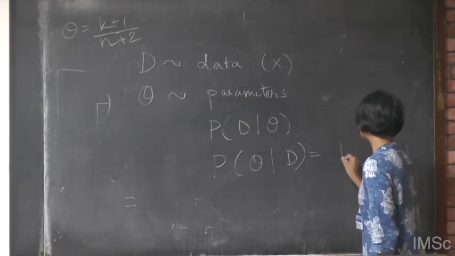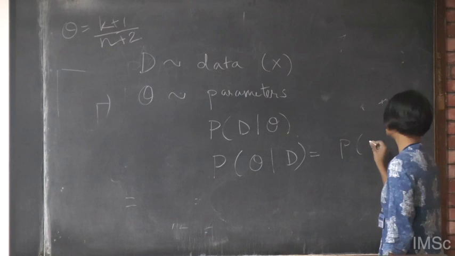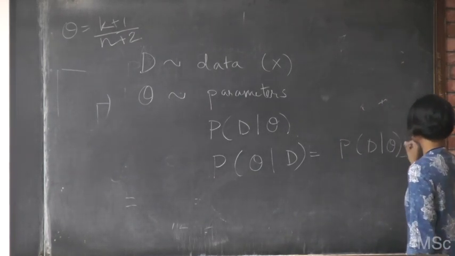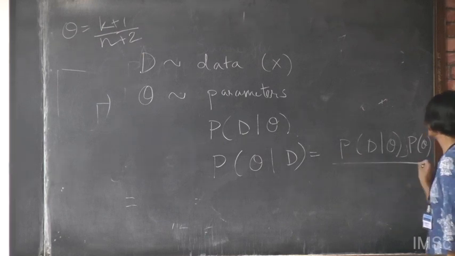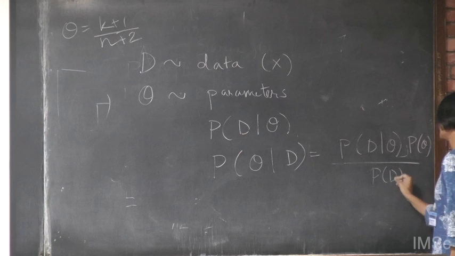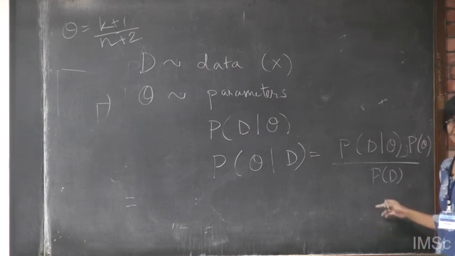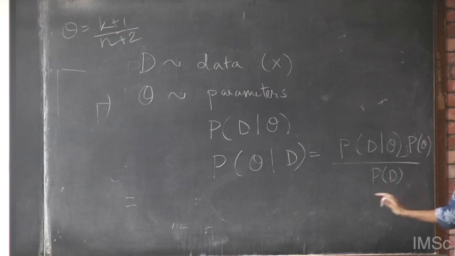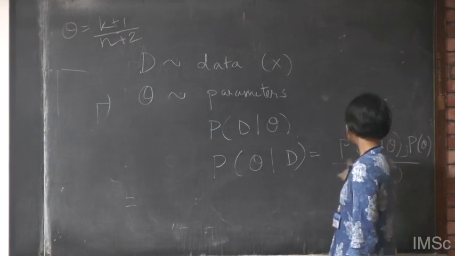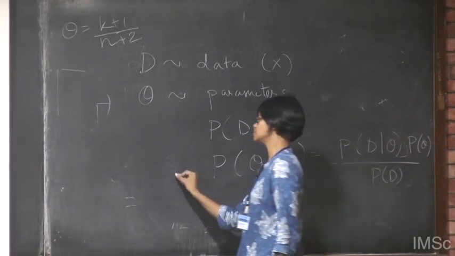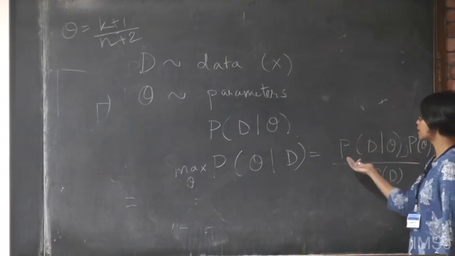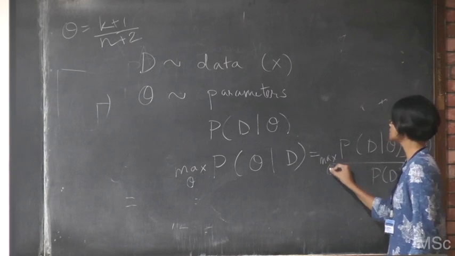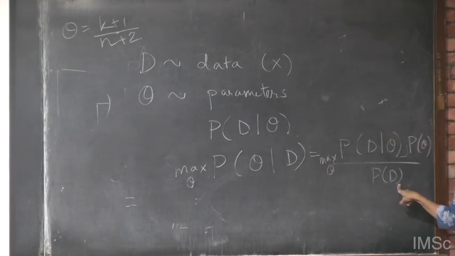This is equal to, just using Bayes' rule, the likelihood times the prior, divided by P of D, which is a bit painful. P of D is a little annoying, but we don't want to calculate this quantity, right? We want to maximize this. So when you're maximizing this, you don't care about the P of D, right?